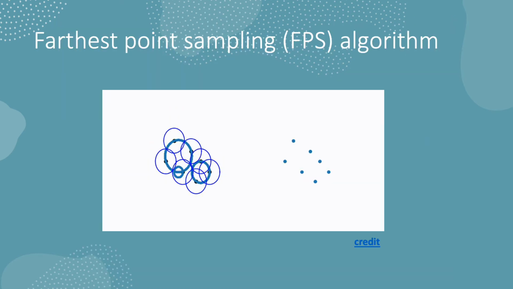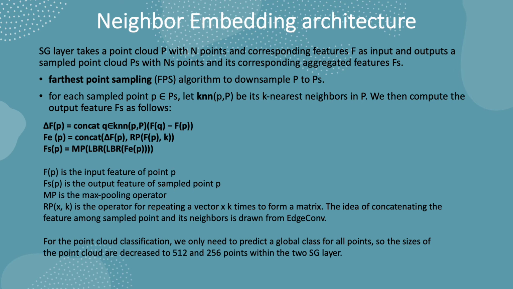Here is how the farthest point sampling algorithm works. It will downsample points. In the SG layer, there are two steps. The first one is the farthest point sampling algorithm to downsample points. For each sample point, extract its k nearest neighbors. For each neighbor point, delta F is the difference between the features of the neighbor point and the corresponding sample point.